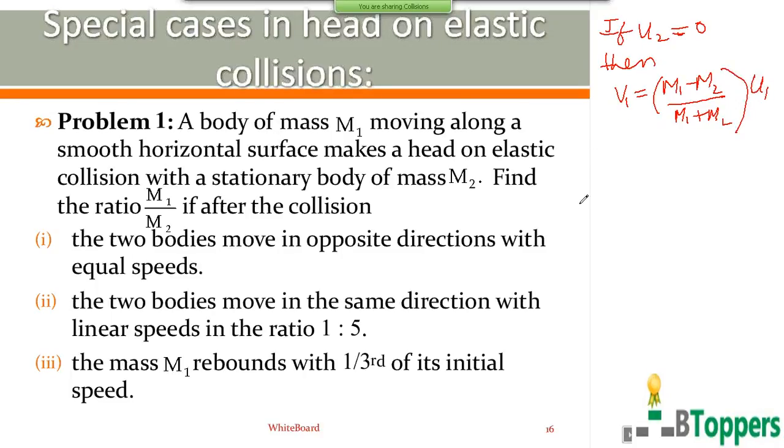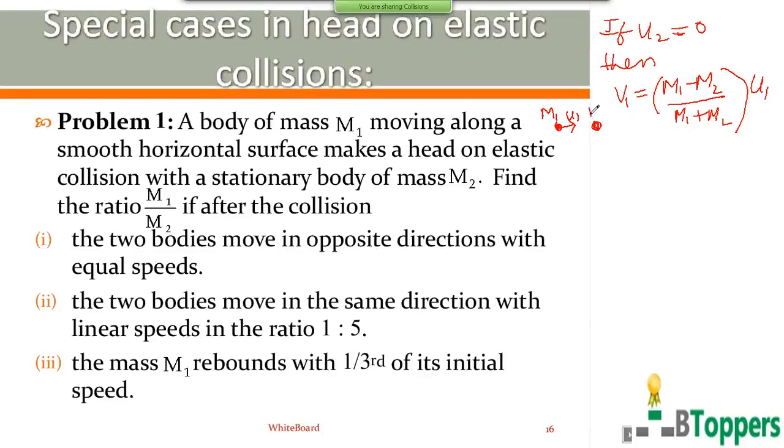Given that the first mass M1 rebounds with 1/3 of its initial speed. That means after the collision, the first mass moves opposite to the original direction of the motion with 1/3 of its original speed. So U1 is the velocity of m1 before collision.